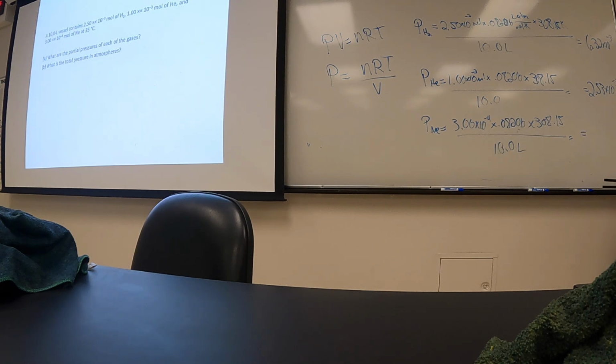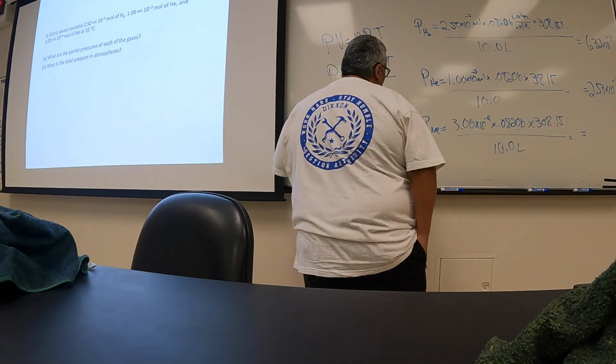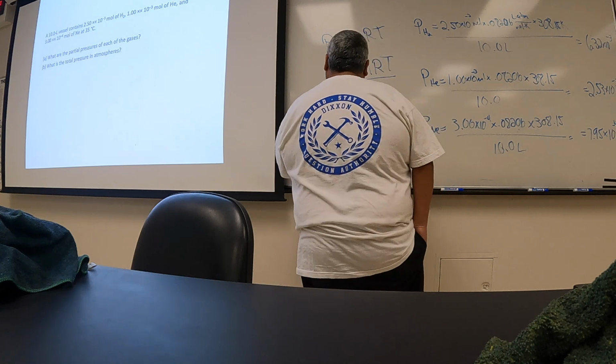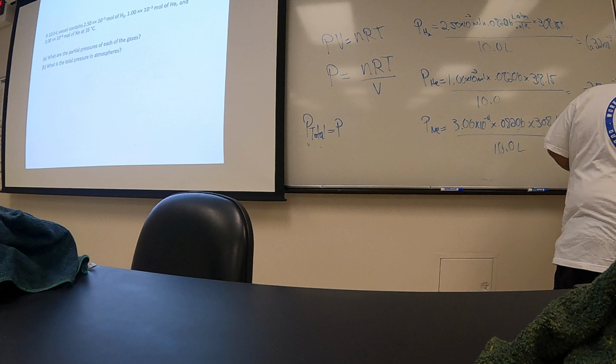And lastly, the neon is 7.95 times 10 to the minus 4. All right, like this? Yes. All right. So our total pressure, 5.9? Yes. No, that's okay. My hearing's not that great today. My ear's pretty clogged.